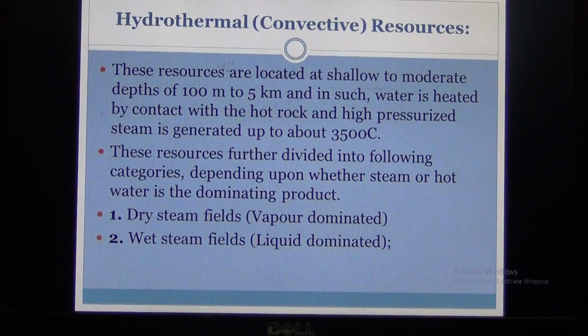These resources are located at shallow to moderate depth of 100 meters to 5 km, and in such resources water is heated by contact with the hot rock, and high pressurized steam is generated up to about 350 degrees Celsius. These resources are further divided into the following categories depending upon whether steam or hot water is the dominating product. So we have water dominated dry steam fields and the liquid dominated wet steam fields.